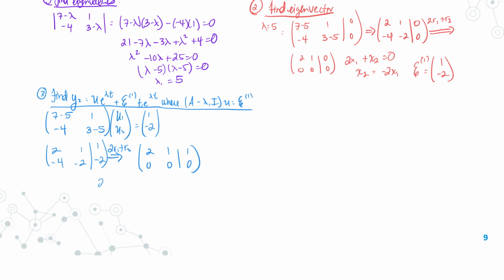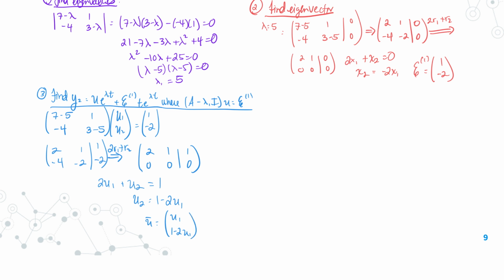So in fact, we get 2u1 plus u2 equals 1. So we can say u2 then is equal to 1 minus 2u1. And that means that u is u1 and 1 minus 2u1.